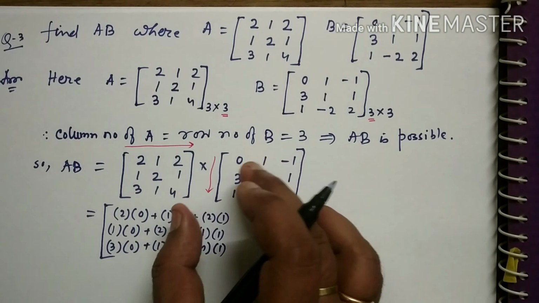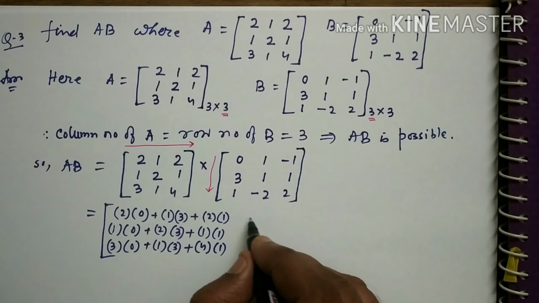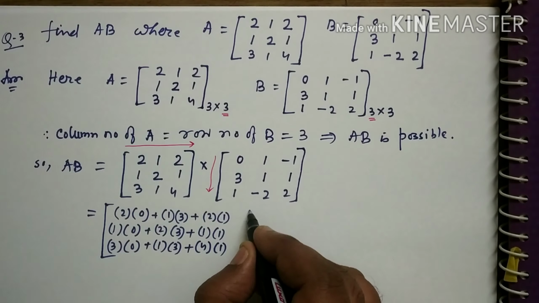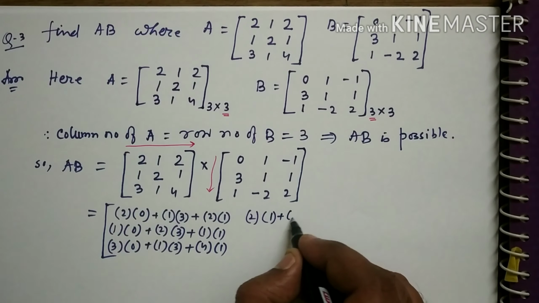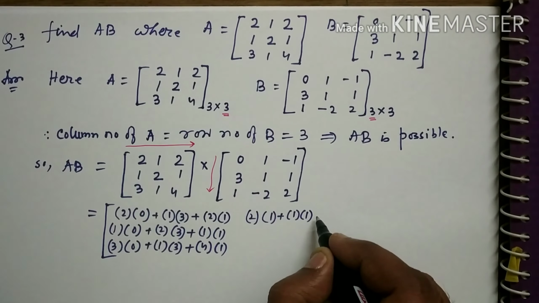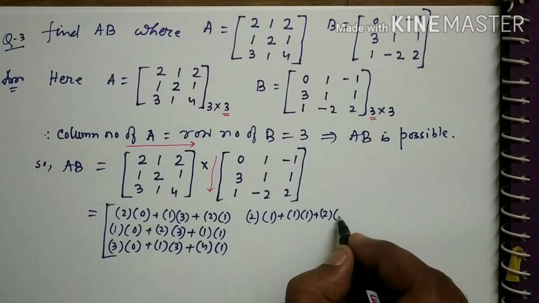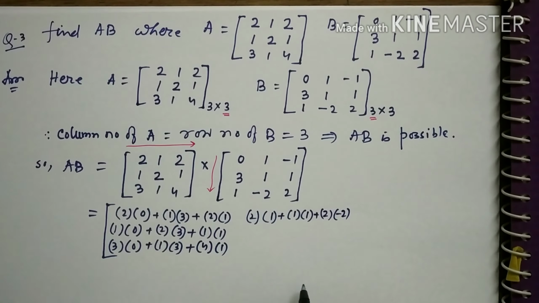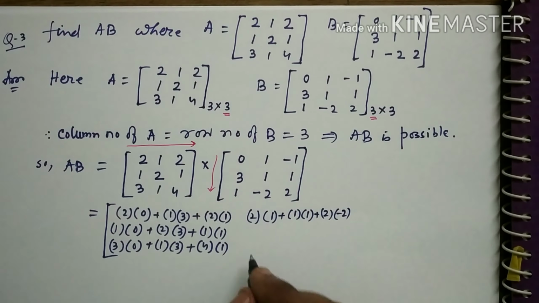Now the calculation for the second column. First row: 2 into 1 plus 1 into 1 plus 2 into minus 2.